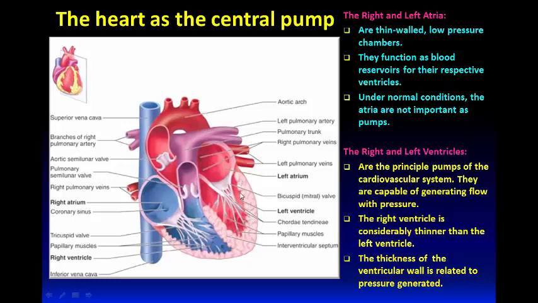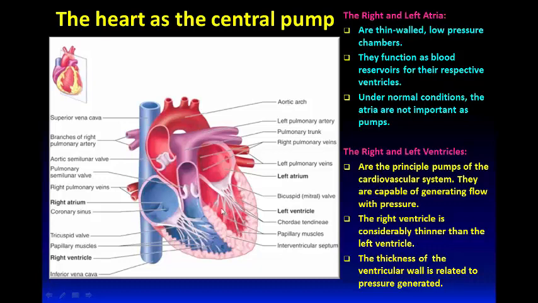In fact, the thickness of the left ventricle is 2 to 3 times as thick as the right ventricle. The thickness of the ventricular wall reflects the pressure which is generated by the ventricle. The left ventricle generates much higher pressure than the pressure generated by the right ventricle.